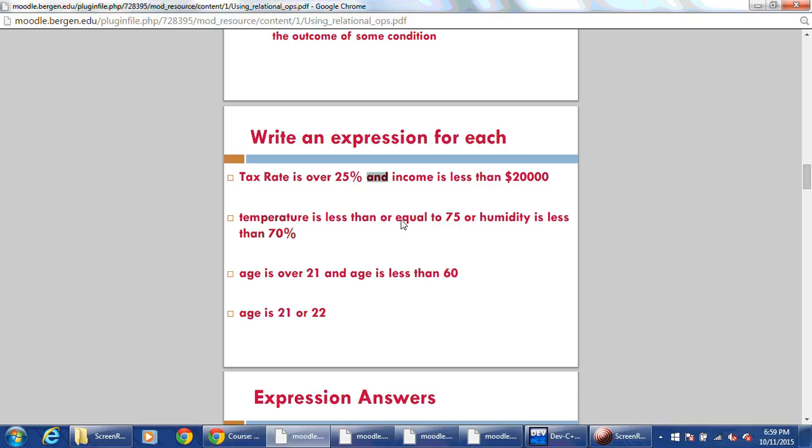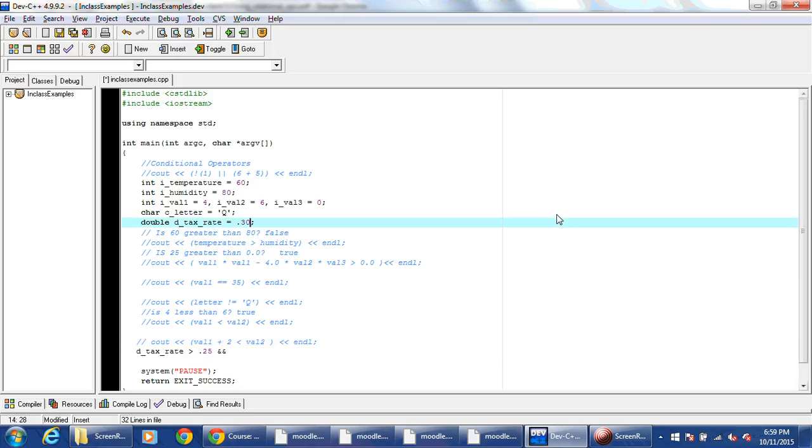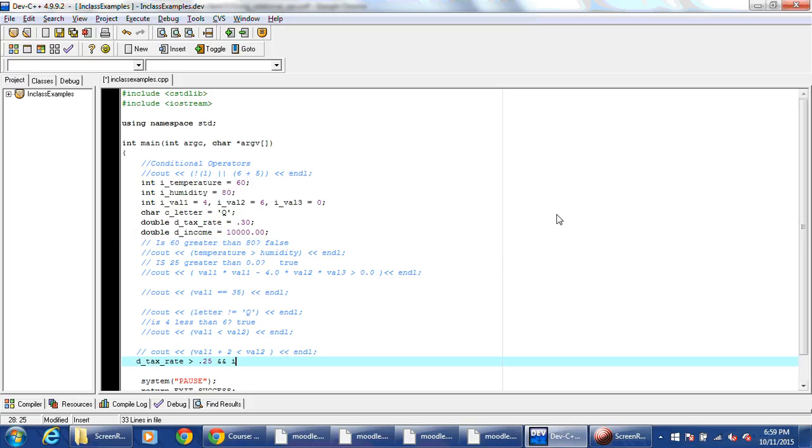And you remember the AND operator, the logical operator: income is less than 20,000. So then we'll have another variable here, double income, and I'm just putting in arbitrary values, and income is less than 20,000. So that would be our expression, which consists of relational and logical operators.